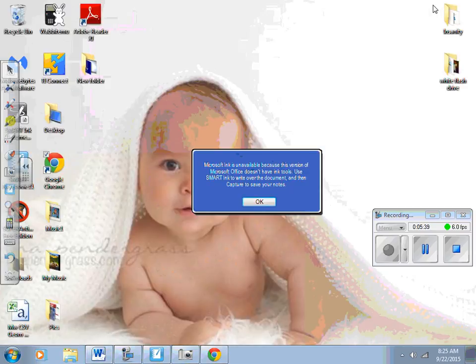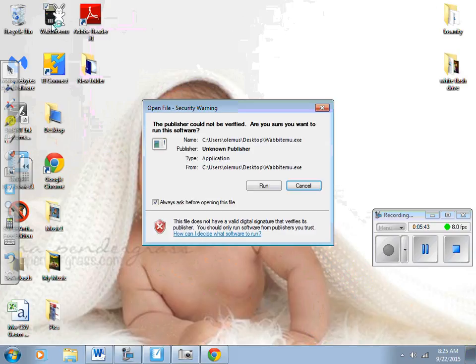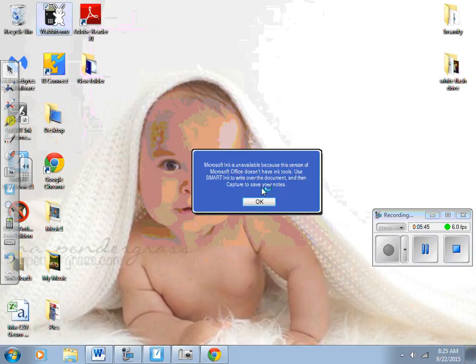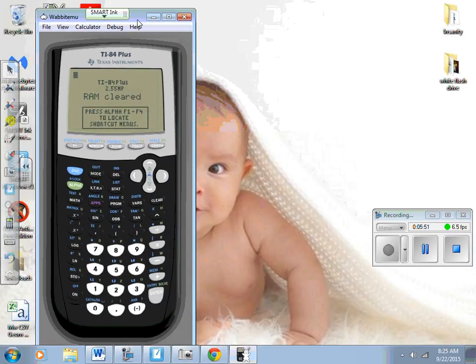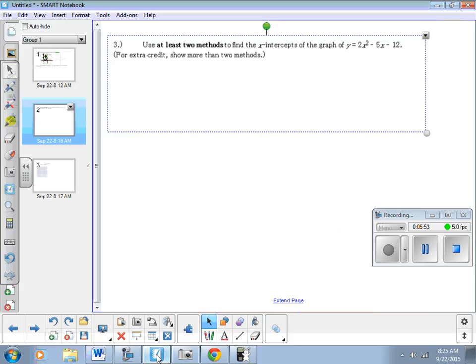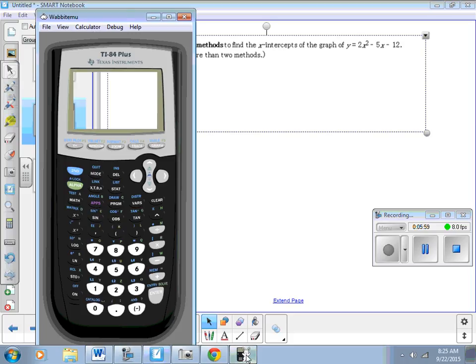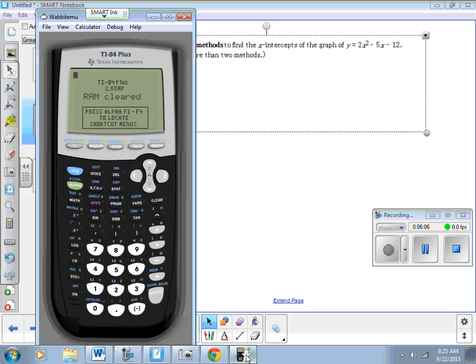If you don't, can you grab one? Here's our graphing calculator. Alright, so we're going to type in this equation into our calculator, okay? Notice it's y already by itself, so go ahead and type it into the calculator.